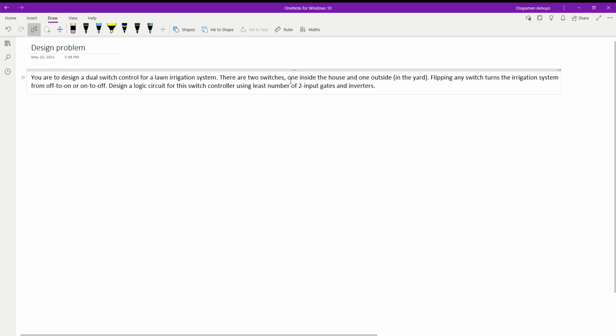This setup is similar to some lighting connections that are rather prevalent at homes, where two switches control a specific light, maybe a light bulb.